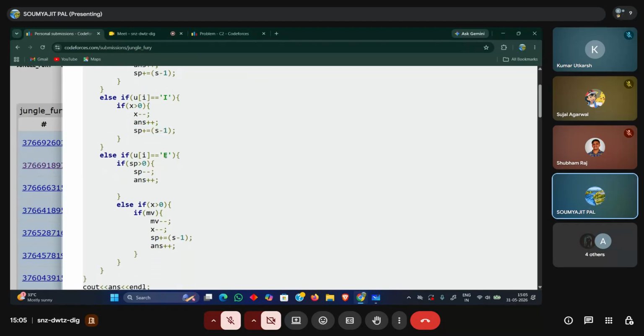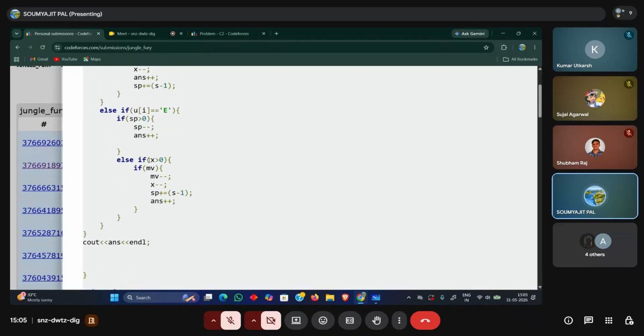For an extrovert, I will check first if seats in an occupied table are available or not. If yes, decrease that and increase my answer, or else if an empty table is left and if any ambivert that can be shifted is possible, I will shift that ambivert. Now empty tables are decreased by 1, but the seats in an occupied table have increased by S minus 1.